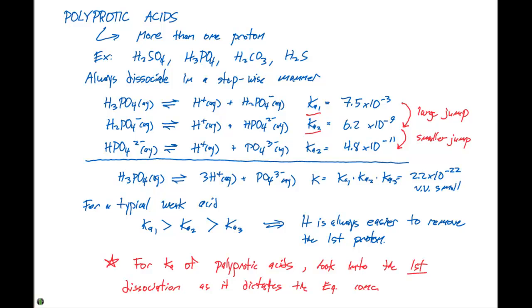Because if we have a very, very small K, it's going to highly favor the reactants, and those reactants don't go forward very well. So we can just look into the first dissociation constant, which will dictate our equilibrium concentration of H+, and which will also dictate the pH for a particular solution that has a polyprotic acid.